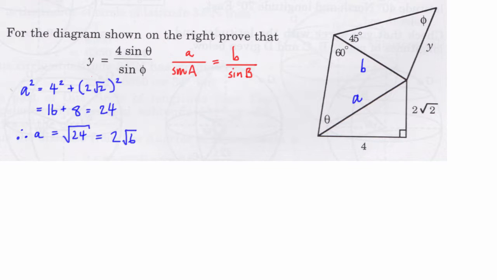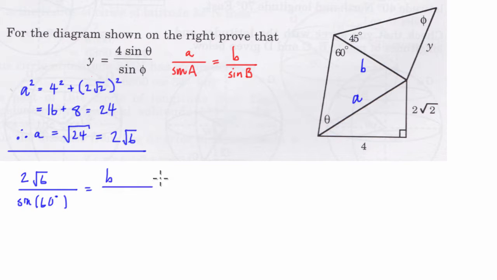Okay. So we'll just separate this for a second, and we'll go straight into this. So we have A, which is equal to 2 root 6, divided by the sine of A, which is 60 degrees, is equal to B divided by the sine of B, which is equal to theta in terms of its degrees.